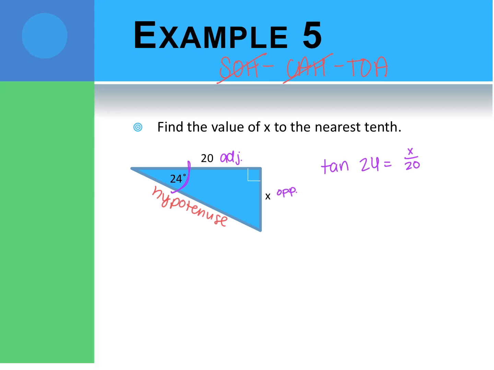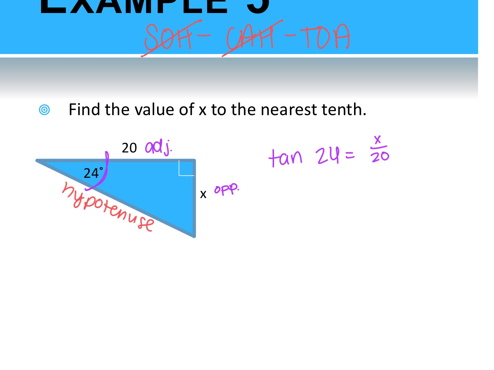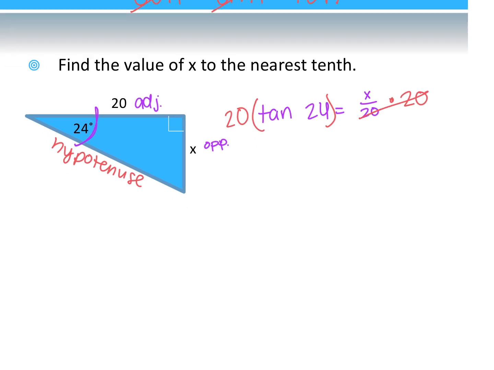How do I solve for x? How do I get x by itself? What do I have to do to both sides? Good, I'm multiplying by 20 on both sides. That's going to get rid of it. Plugging this into the calculator, you're going to have 20 times, I think a dot normally opens up for that, or like a star, 20 times tan 24, and that's going to give you your answer.